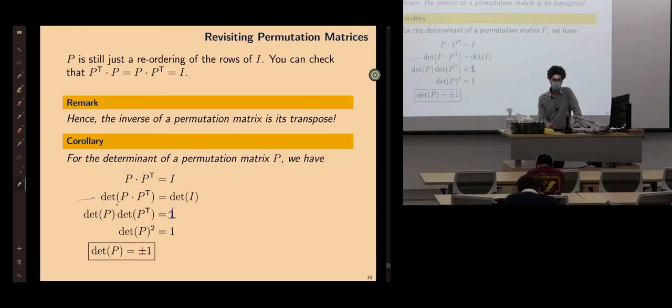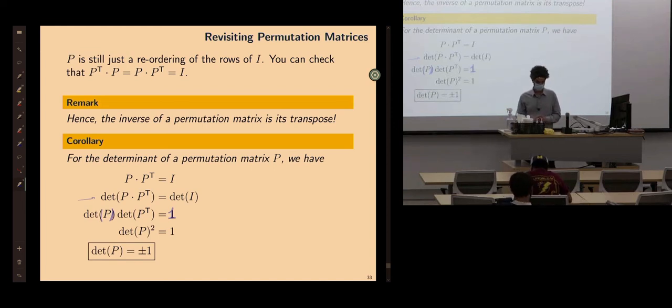The determinant of the product of matrices is the product of the determinants, right? Now, I know the determinant of P transpose and the determinant of P are the same. That was one property we learned today. So that will give me that the determinant of P squared must be 1.